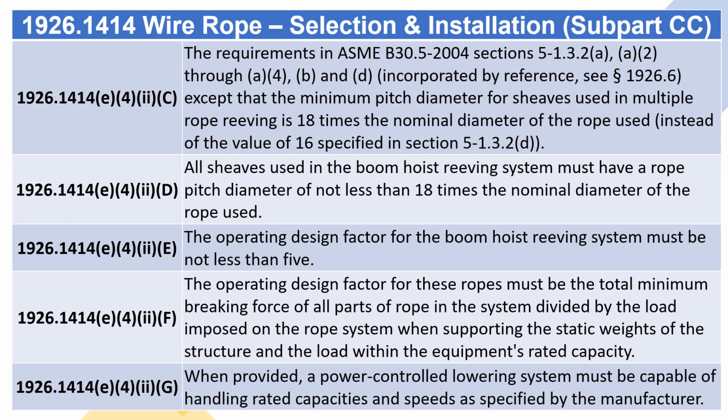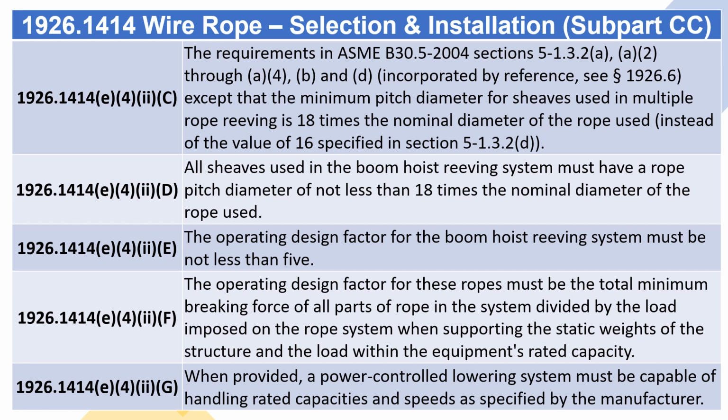The requirements in ASME B30.5-2004 sections 5-1.3.2(a)(2) through (a)(4), (b), and (d), incorporated by reference, see Section 1926.6, except that the minimum pitch diameter for sheaves used in multiple rope reeving is 18 times the nominal diameter of the rope used, instead of the value of 16 specified in section 5-1.3.2(d).